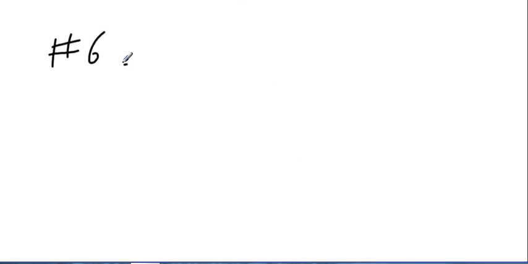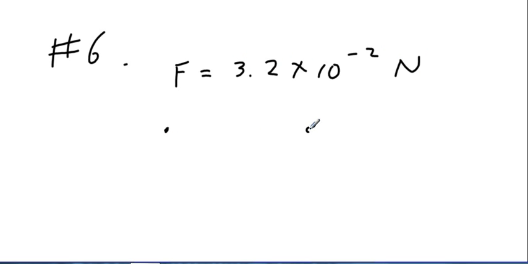And we have two dust particles, and they're charged, and they exert a force on each other of 3.2 times 10 to the minus 2 newtons. So here there's dust particle 1, there's dust particle 2.